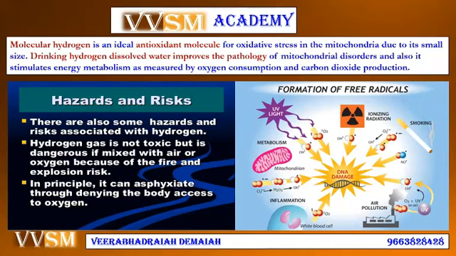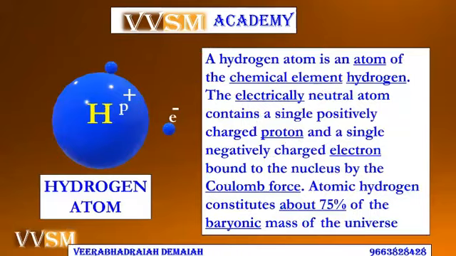Another important thing is the formation of free radicals in biochemistry: UV light, that is ultraviolet radiation from the sun, ionizing radiation, smoking, air pollution, inflammation, metabolism. All these things are also important in atmospheric nitrogen fixation and hydrogen. So many factors are there in biochemistry to discuss about hydrogen.